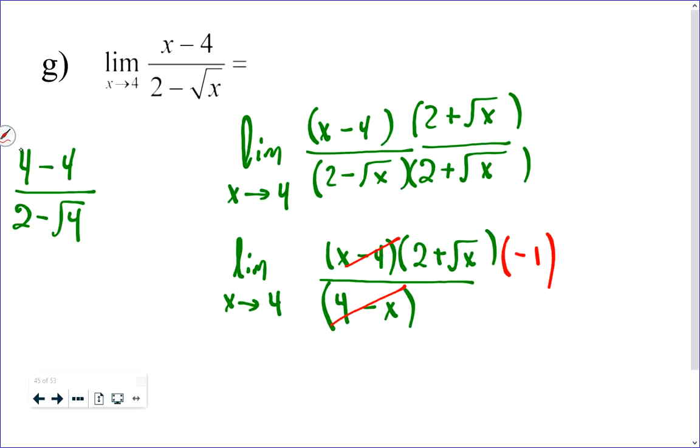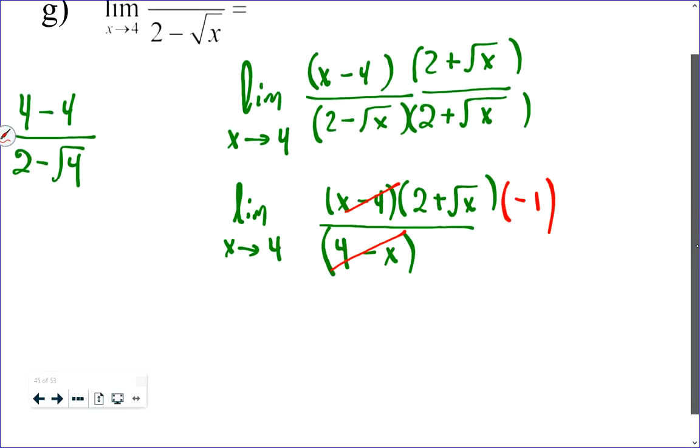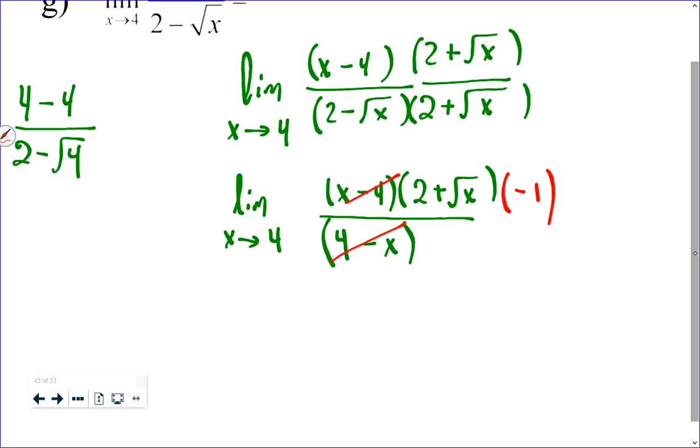And now you can feel free to put 4 in for x because the denominator is cleaned out. So this will be 2 plus root 4 over 1, and then we also have the negative 1. The square root of 4 is 2, plus the 2 is 4, times negative 1 gives us a limit of negative 4.